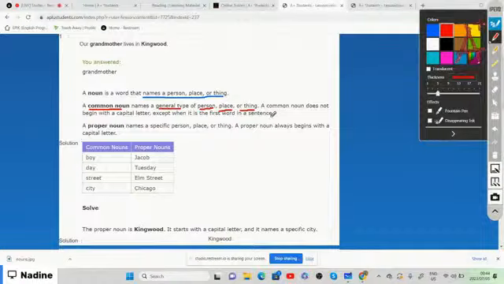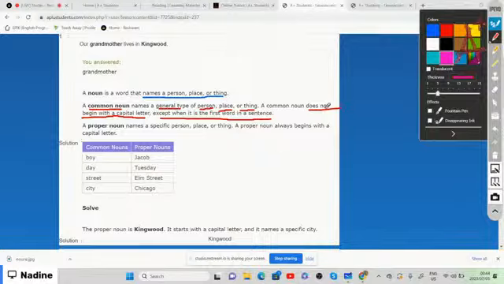Unless that general noun is the start of the sentence, that is when we are going to write it with a capital letter. So a common noun does not begin with a capital letter, except when it is the first word in a sentence, because remember, a sentence starts with a capital letter.